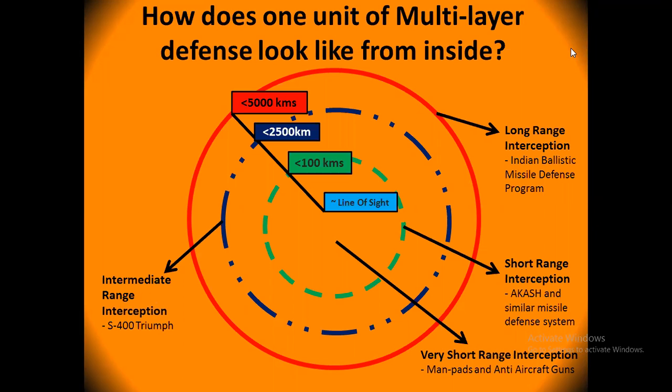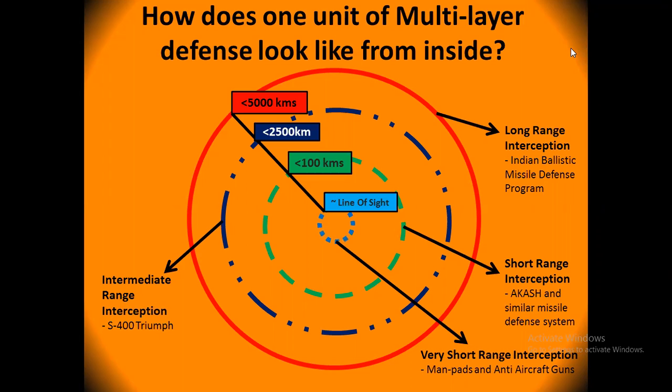These are for when the target is just beside the boundary or the borders. There are times when countries launch a missile just beside the borders. This is where our short range interceptions will help.